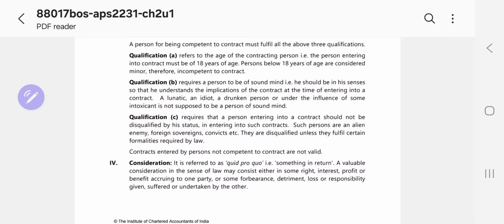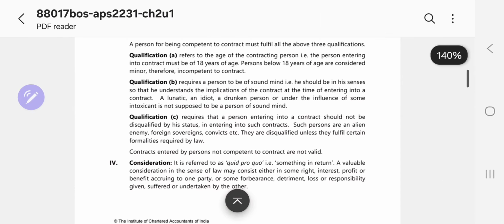Okay, so if someone A is offering drinks to B, and in that drunken state he has entered into some contract, or he has signed a property paper and transferred all his properties to A, then when he was entering into that contract, or signing those papers, or transferring this property, he was not in his senses.